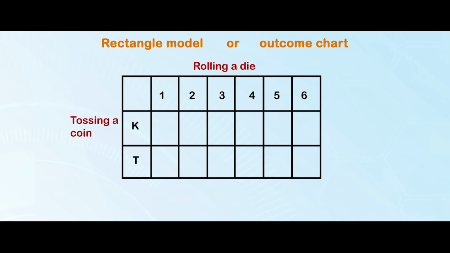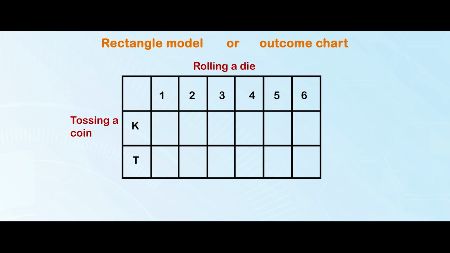When you prepare a table like this, you get 2 rows, whereby the first row is represented by kholo and the second row is represented by tashitake, because a coin has 2 possible outcomes, which are kholo and tashitake. Prepare 6 columns, because the device used for the second event is a die, and a die is numbered from 1 till 6.